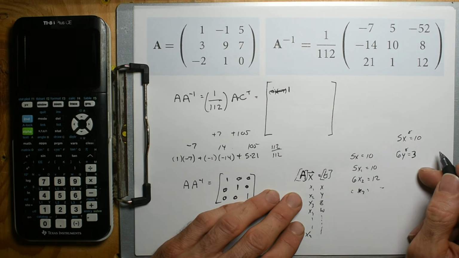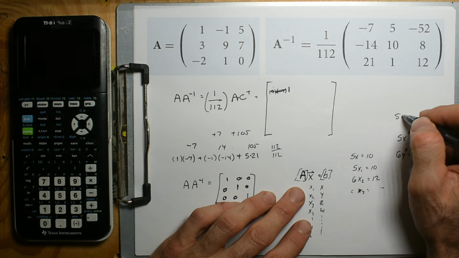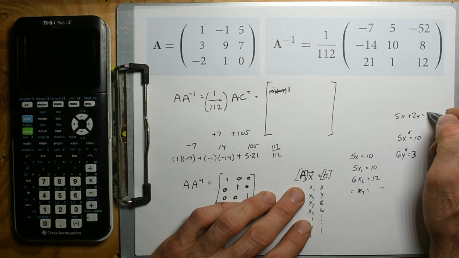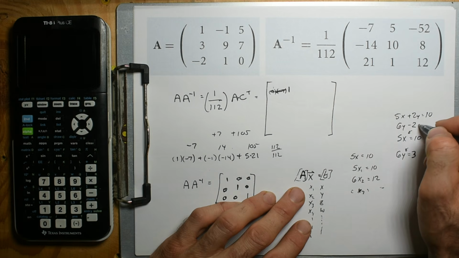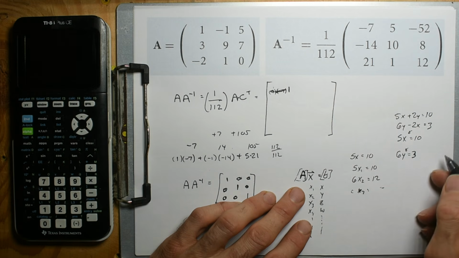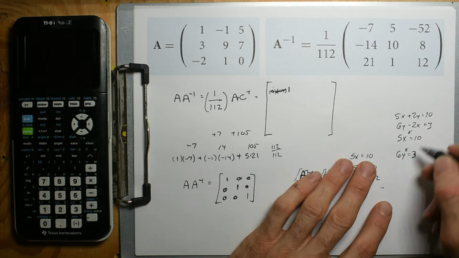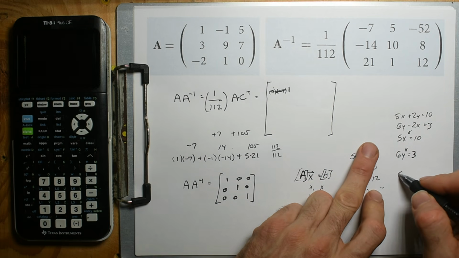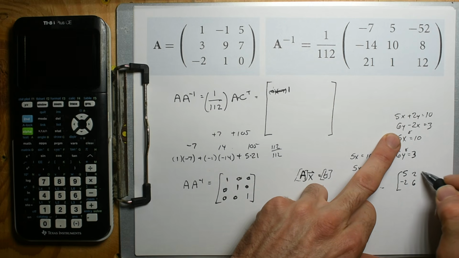With matrices, what you're going to have is 5x + 2y = 10, and then 6y - 2x = 3. I shouldn't have written it that way, but then you'd put it in matrix form: 5, negative 2, 2, and 6.